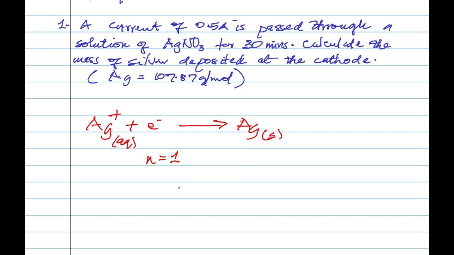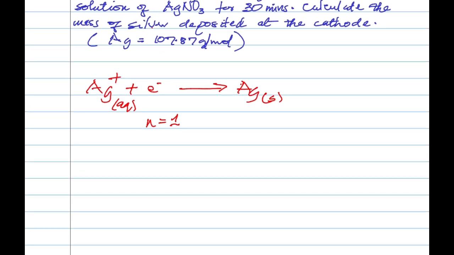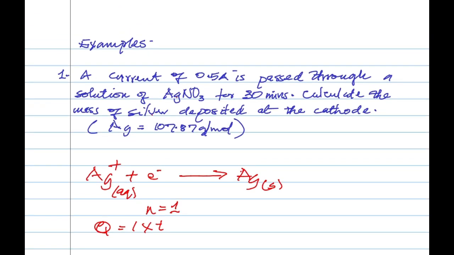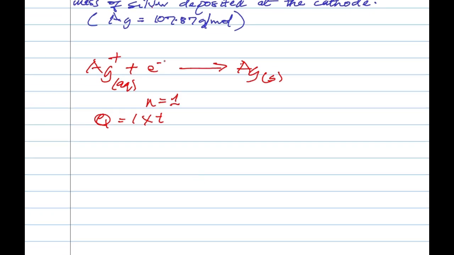Now, that is the first part. The second part is to calculate the quantity of electricity. Remember, we know that Q equals I times t. In the question, we're told that the current is 0.5 ampere and the time is 30 minutes. So we can plug both of them in.